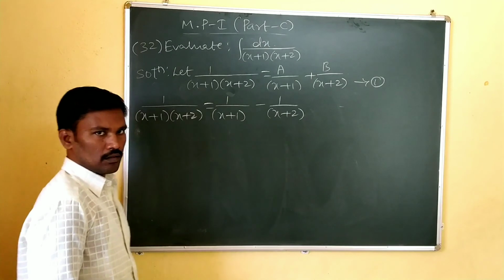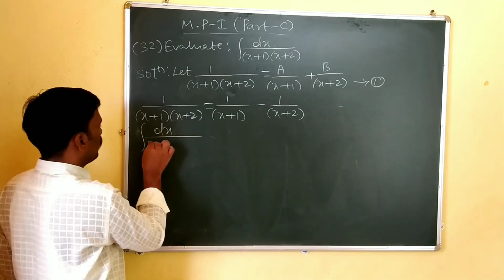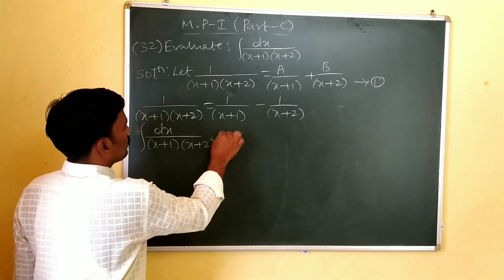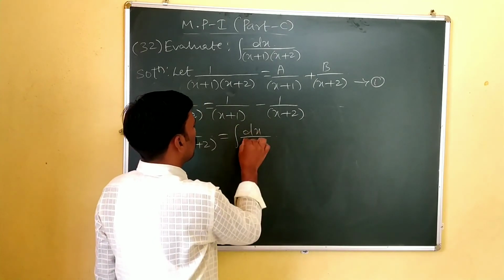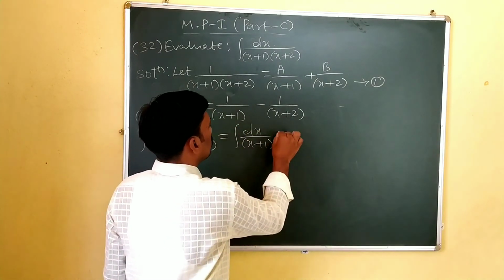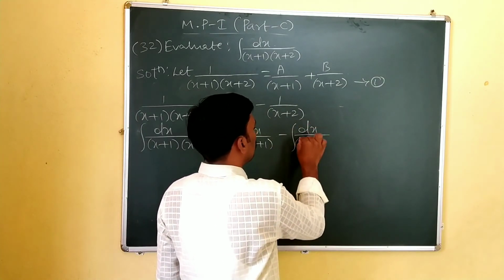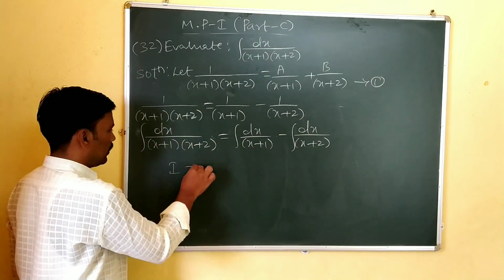Now take integration on both the sides. It is the integration of dx divided by x plus 1 into x plus 2 is equal to the integration of dx divided by x plus 1 minus the integration of dx divided by x plus 2. So this is I, simply the given integral.